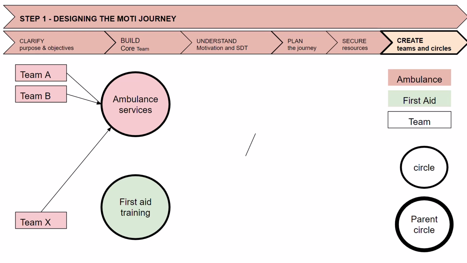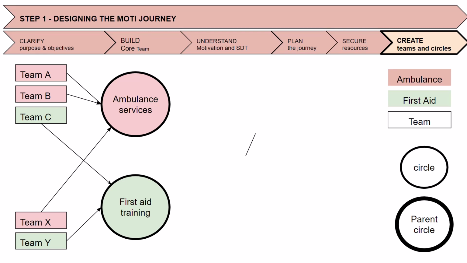And so, say you have in the different branches, you have 3 teams working in ambulance services, and you have 2 teams working first aid training. Well, you don't really worry about the branch itself and where they are. You're more concerned about comparing volunteers in different ambulance services and then volunteers working in first aid training, and then you can compare what's comparable, and you can compare teams working in ambulance services with teams working in ambulance services.